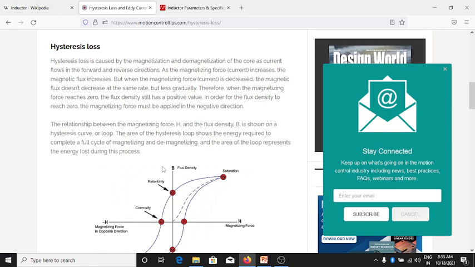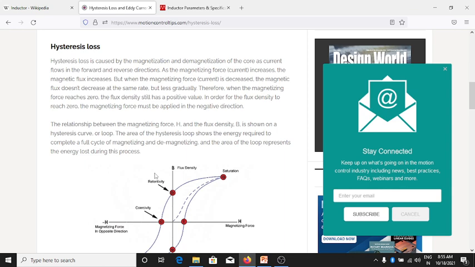Hysteresis loss is caused by the magnetization and demagnetization of the core as current flows in the forward and reverse direction. As the magnetizing force, that is current, increases, the magnetic flux increases.